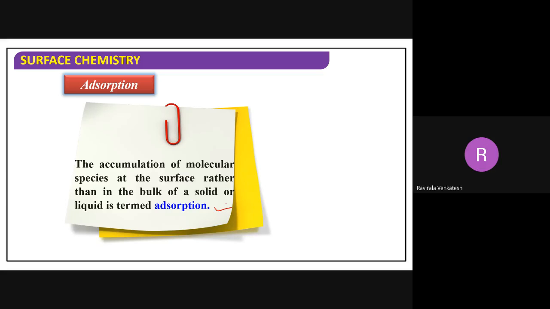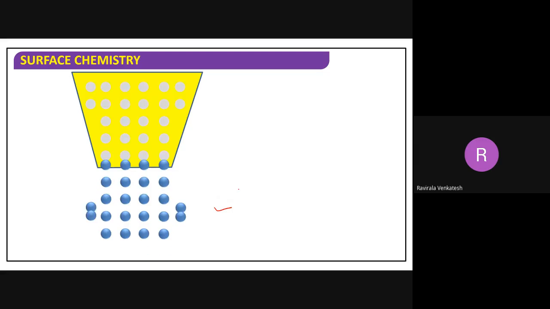Now, what is the meaning of this? Concentration or accumulation of molecular species on the surface, rather than in the bulk of a solid or liquid, is called what? Adsorption. Now observe here what happened.